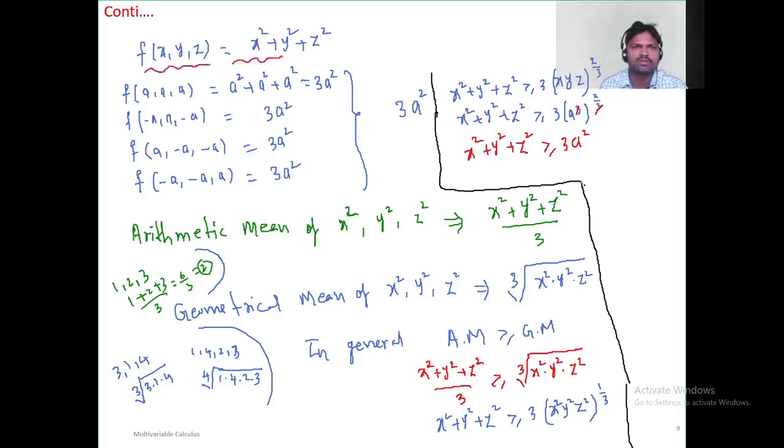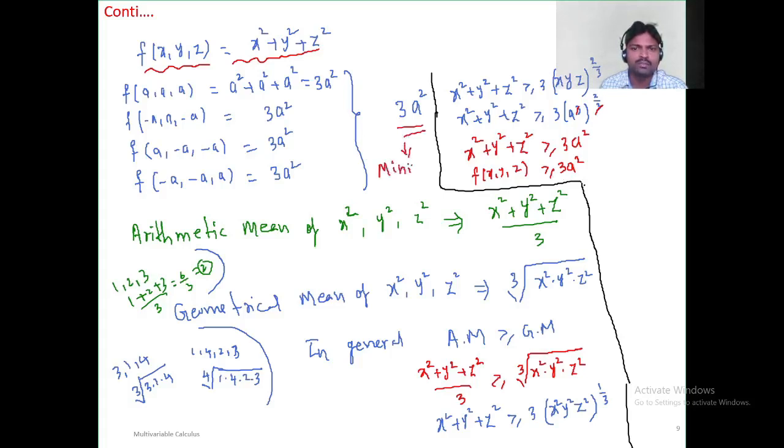Therefore f of x comma y comma z is more than or equal to 3a square. What does it mean? 3a square will be the lower bound, so this will be the minimum, not the maximum.